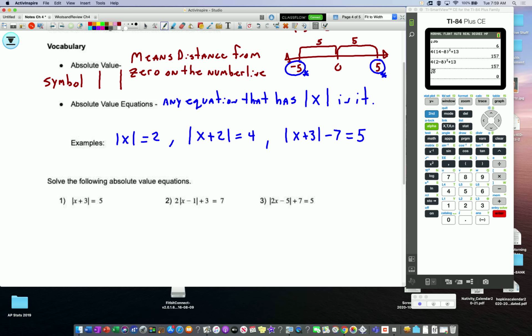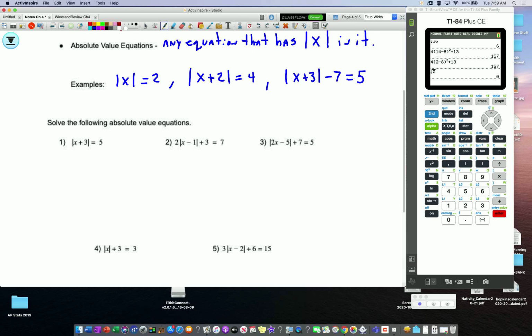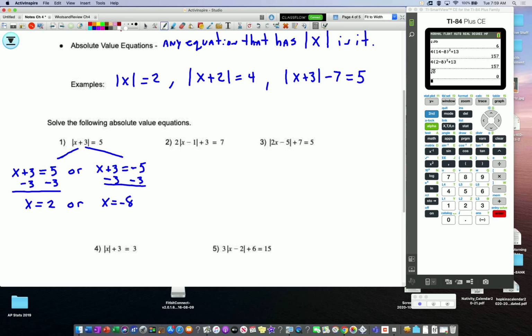When you get the absolute value piece all by itself, you write two equations, kind of like the square problems. x plus 3 could equal 5, or x plus 3 could equal negative 5. Now I need to solve both of those equations. So x could equal 2, or, subtracting 3 from both sides, x could equal negative 8.